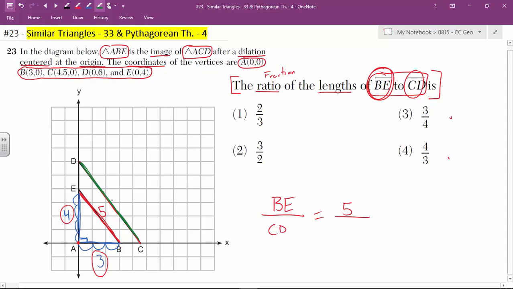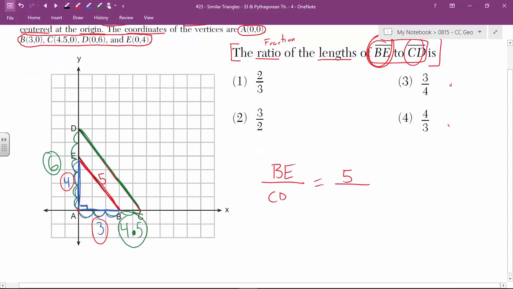Let's turn our attention to DC. That's a little bit harder. The horizontal for that green segment is 1, 2, 3, 4, 4.5. And then the vertical is 1, 2, 3, 4, 5, 6.